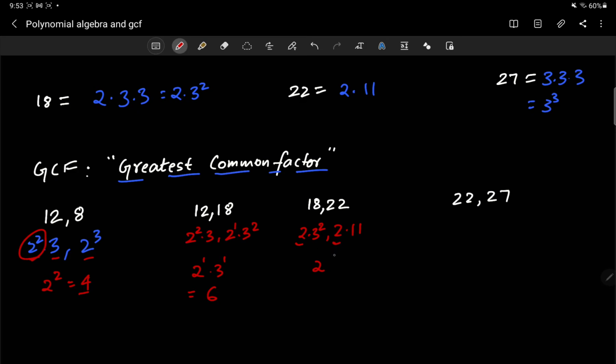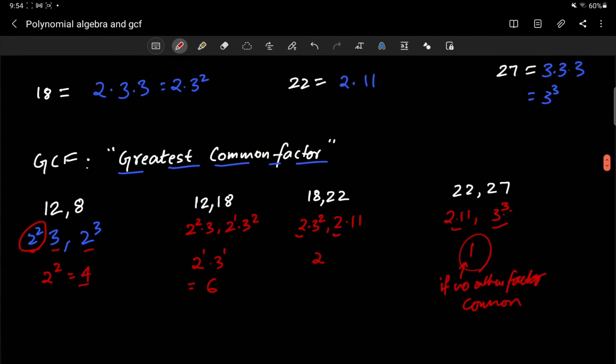The only thing common to them is 2. Then 2 times 11 and 3 cubed. Now here there's nothing common. So if there's no other factor common, then we say the greatest common factor is 1, because then the largest number that divides both of them is 1.